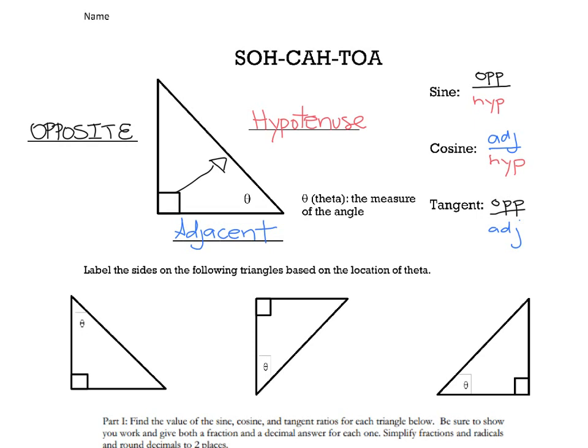Now, the opposite and adjacent can always change, because it's always based off of theta, or basically the angle that's given to you or the angle that you're looking for. We call theta the measure of the angle. For example, if this is the angle that I'm in reference to, the side opposite this angle is called the opposite, and the side that's right next to it that touches the angle is known as the adjacent side.